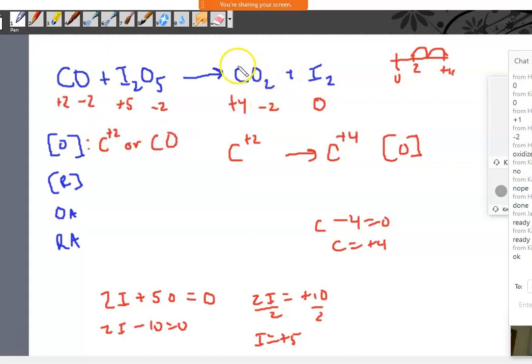Your products are never the answer. Your products can't ever be the answer. All these answers have to be one of these two reactants, because this is the outcome of the reaction. The I2 isn't oxidizing. The I2 is the outcome of what happened with the I2O5.